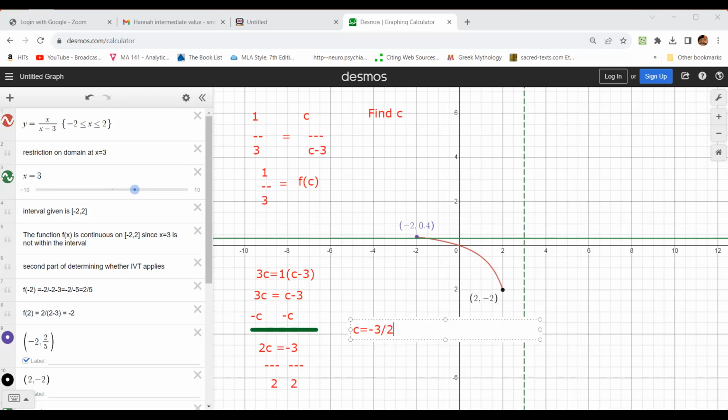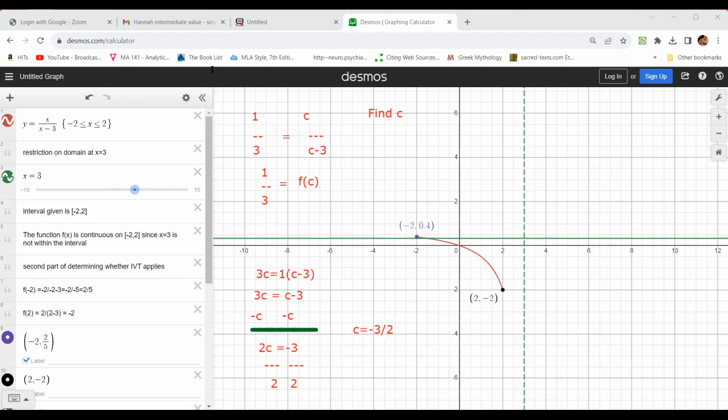So C here is going to be -3/2, isn't it? Perfect. Yes. Now, just for the sake of example, let me show you something. You see the graph that we have in front of us, right? I'm going to screenshot that, but I want to add a point to our graph.